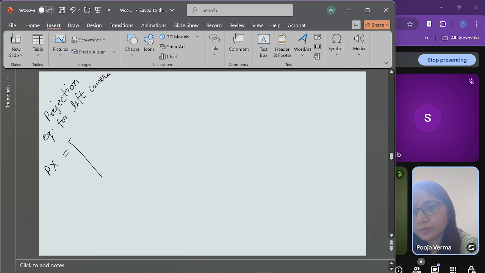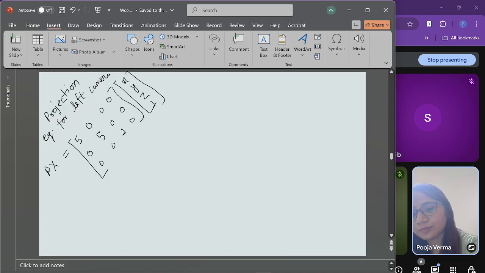So the P matrix is already given here: 5, 0, 0, 0, 0, 5, 0, 0, 0, 0, 1, 0, and the 3D point we have assumed is x, y, z, 1, right? So just calculate it.